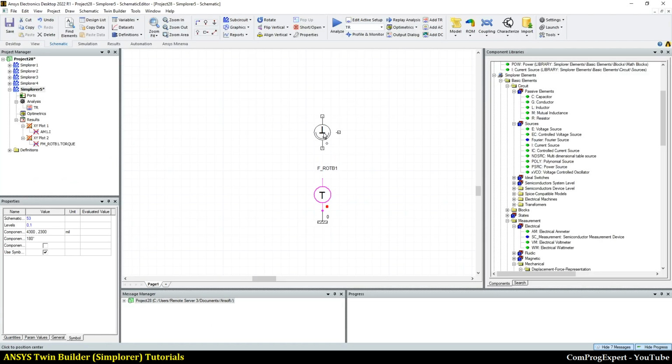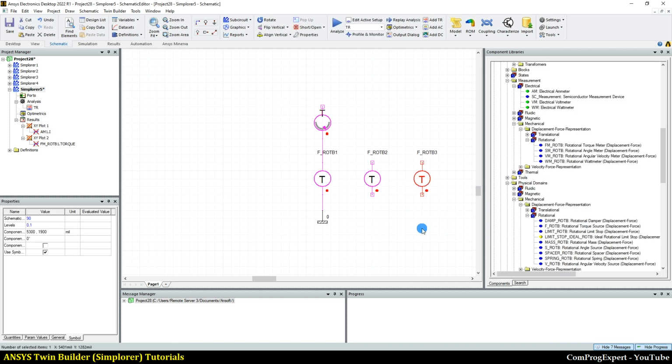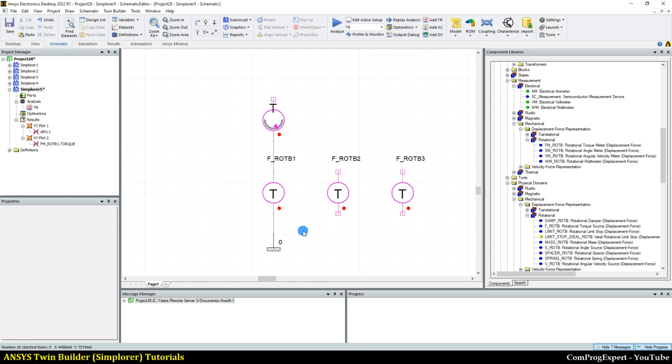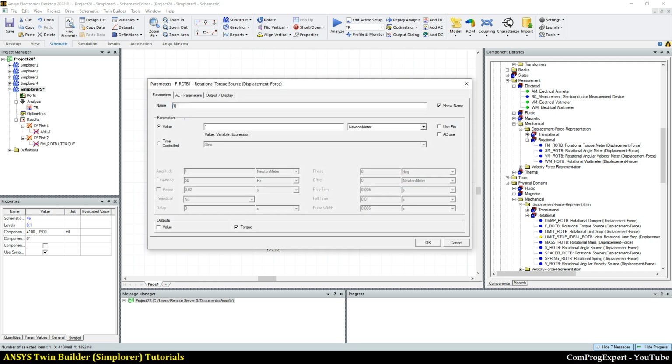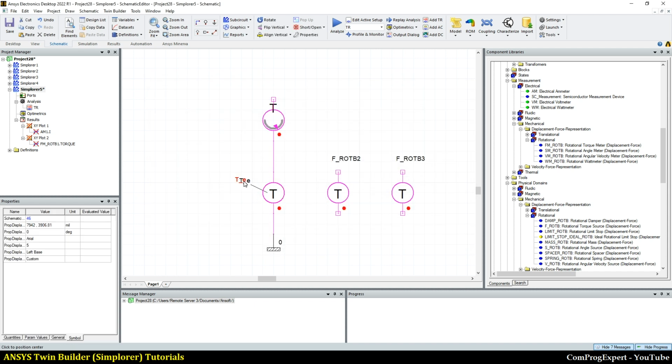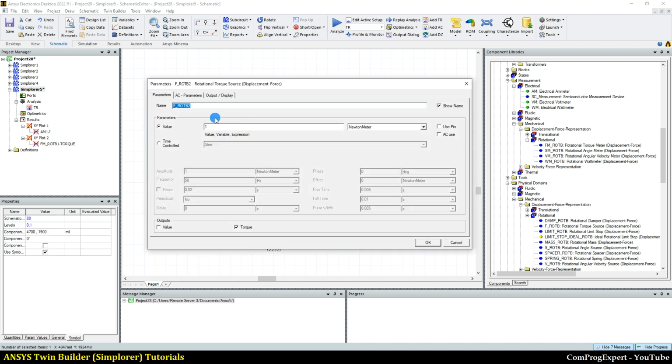So simply I can copy this, paste it here, and paste it here. This is the electric torque Te, that is equal to 5.2, and this is the load torque TL.